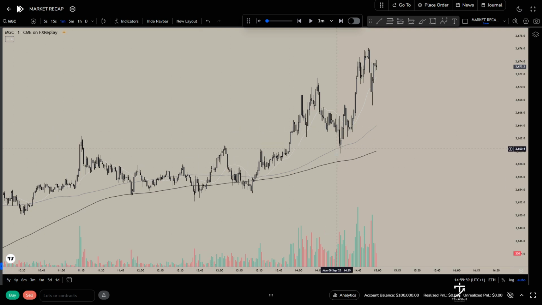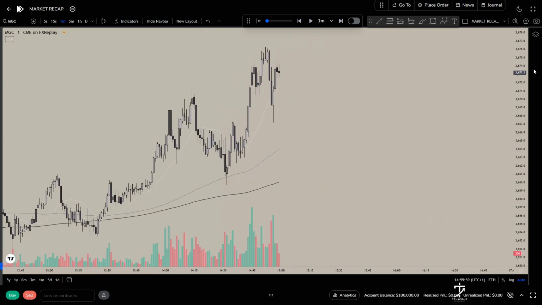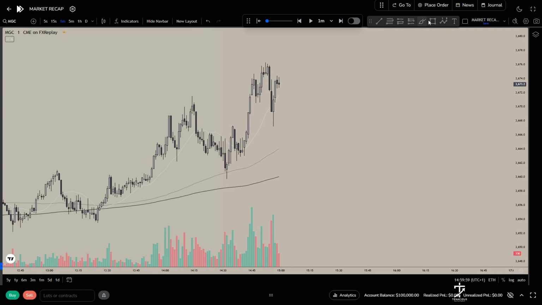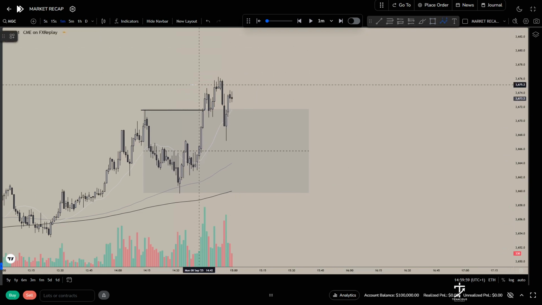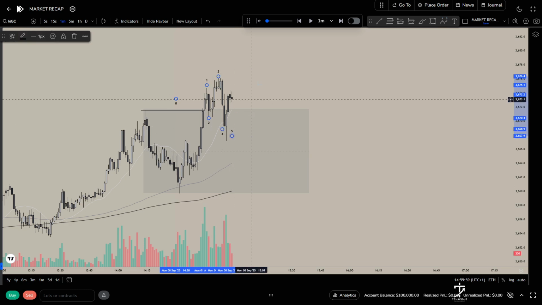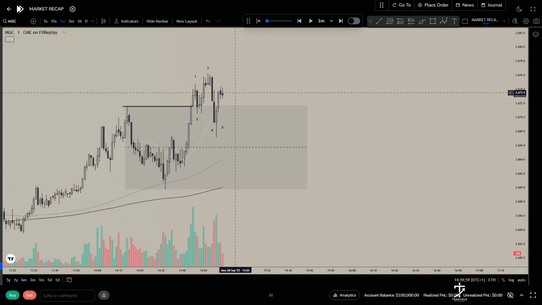On our 1 minute, we actually have this zone over here, from this area here, which calls this MSB over there, and we actually do have SBS where this is my one, this is the two, which is the tap back in, this is the three, which is the higher high, that's the four, and then hopefully we're looking now for the five.